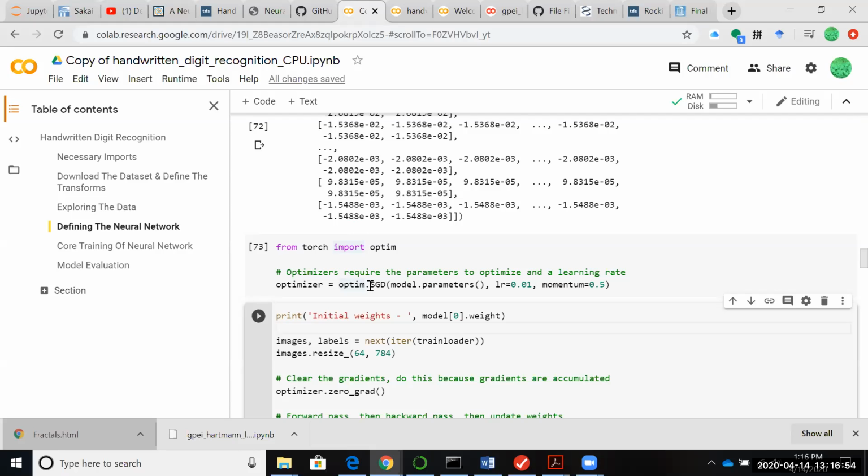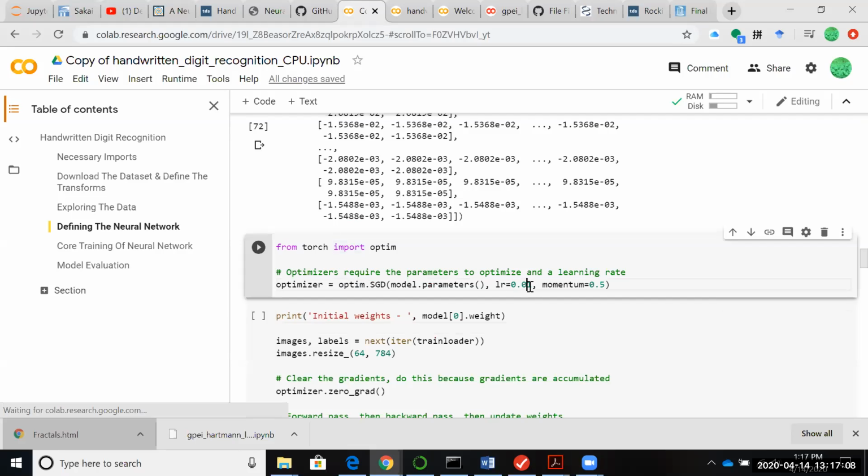So you stochastically, randomly pick a sampling of possible directions you can go, and from that you choose one. This is something again you can change. You can change the learning rate. You can change the momentum. I forgot what the momentum is referring to. So this is something you can play around with.